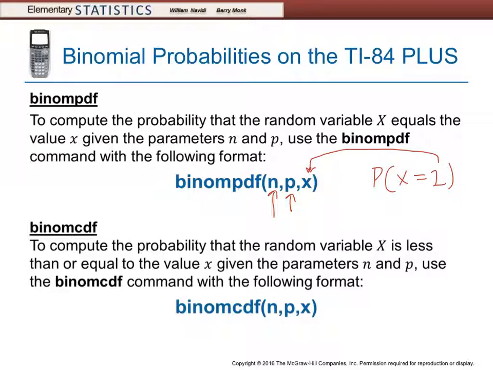In the binomial CDF situation, the probability that x is less than or equal to 2, 2 would go here, and then we have the number of trials and the probability of success. You will notice that these two probabilities are different. One is equal and one has a less than or equal to sign.